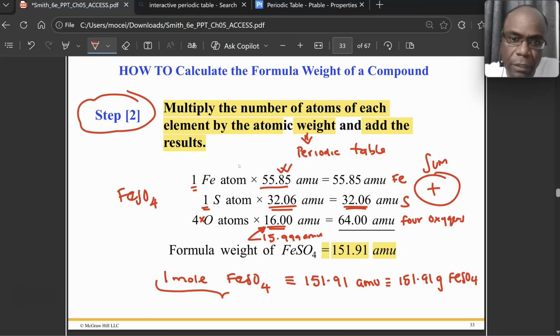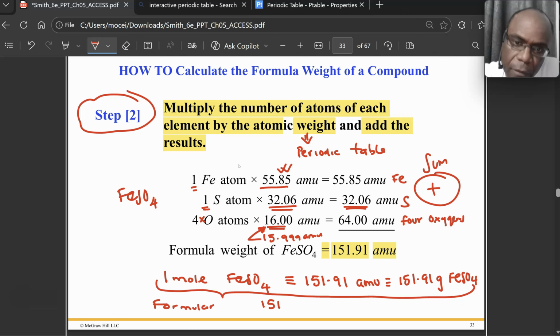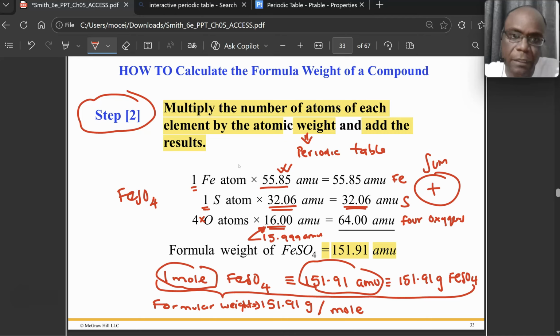So it is okay for us to summarize all these sentences and say the formula weight of iron 2 sulfate is 151.91 grams per mole. This is 1 mole of iron sulfate, so 151.91 grams per mole of iron sulfate.